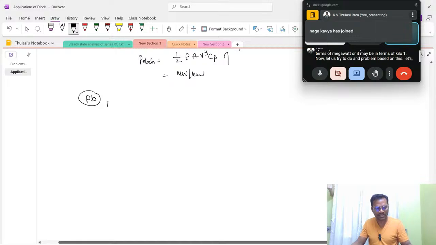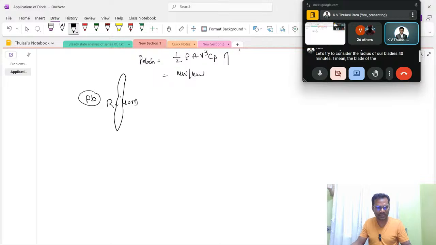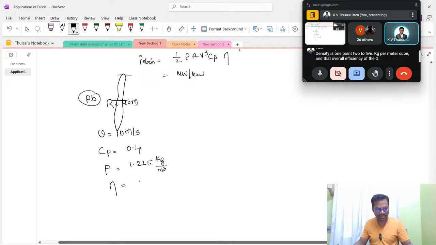Let's consider the radius of the wind turbine blade is 40 meters, and the wind velocity is 10 meters per second, the power coefficient Cp is 0.4, the air density is 1.225 kg per meter cube, and the overall efficiency of the gearbox and generator is 0.9. Let's calculate the area, which is pi into r square.